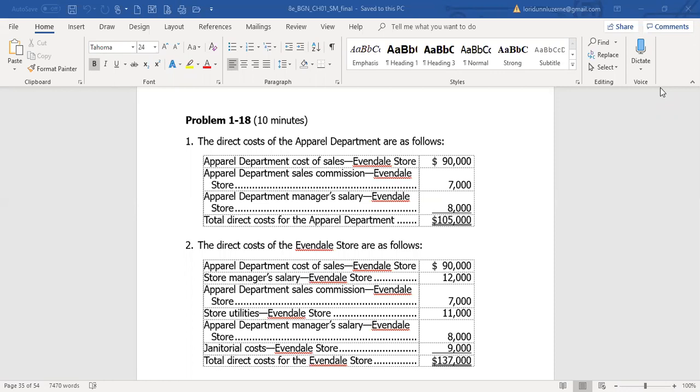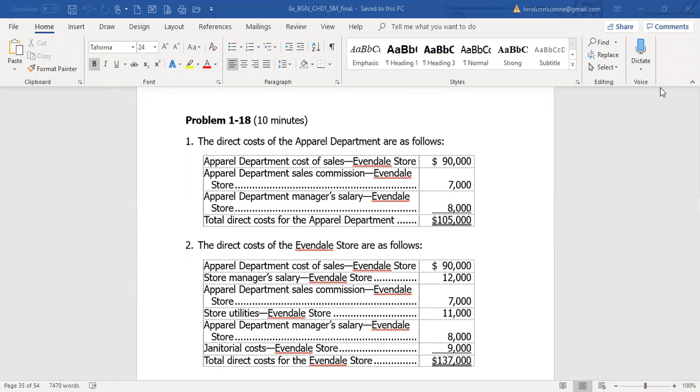The apparel department manager's salary would be included, as well as the janitorial costs. So those are specifically part of the cost of that store. So you see how we're getting really detailed and defining the costs associated with specific areas, whether it be the apparel department or the entire store.